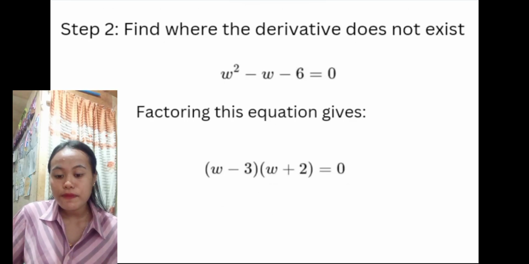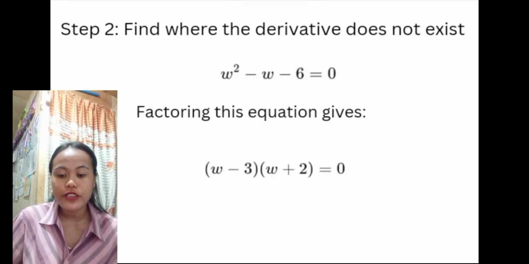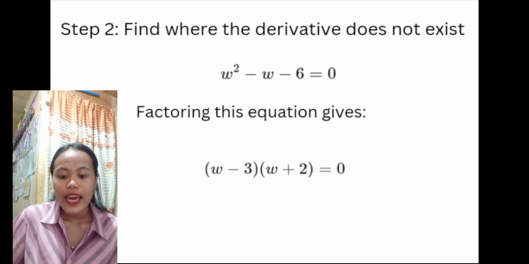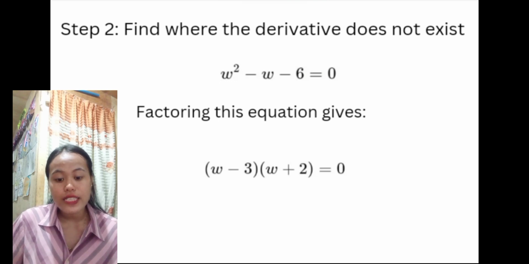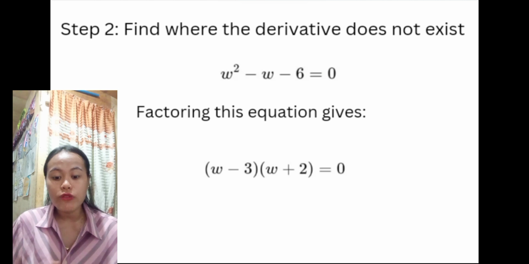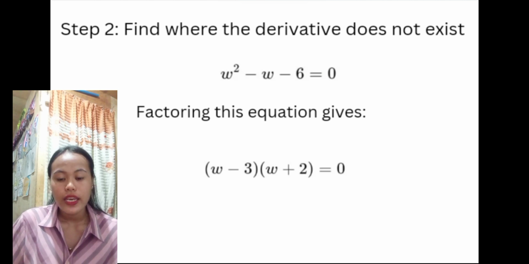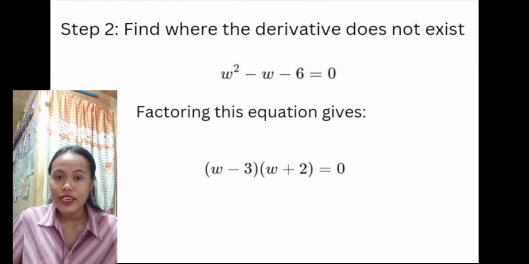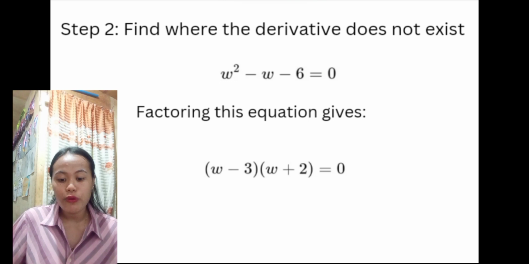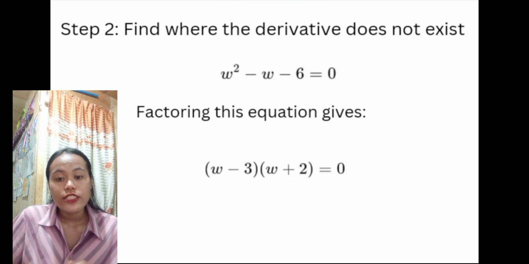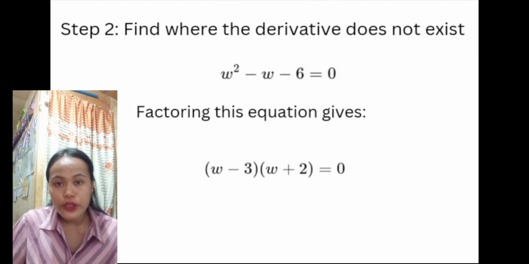For step 2, we need to find where the derivative does not exist. The derivative will not exist if the denominator is 0, which would cause division by 0. To solve for these points, we set the denominator equal to 0: W squared minus W minus 6 is equal to 0.